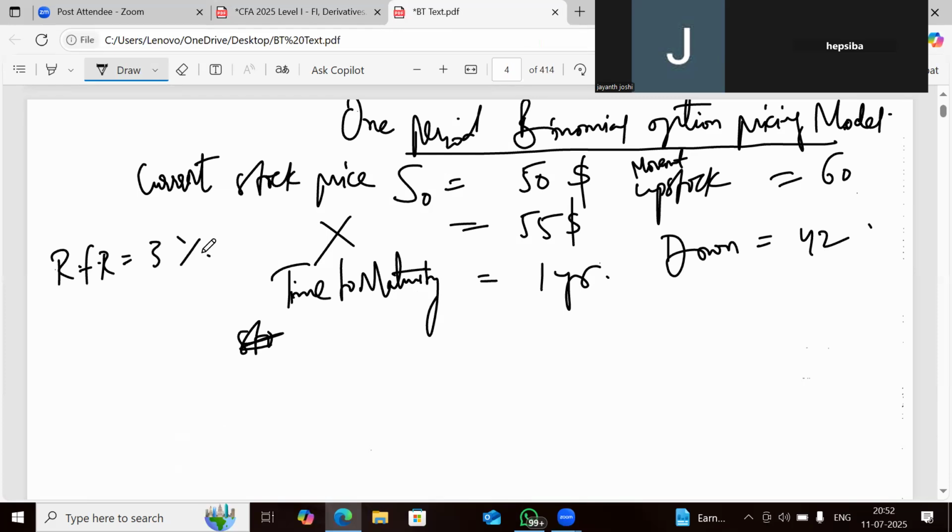Let's say you have taken a call option. We can calculate the payoffs of the call option at maturity. The payoffs we definitely know.